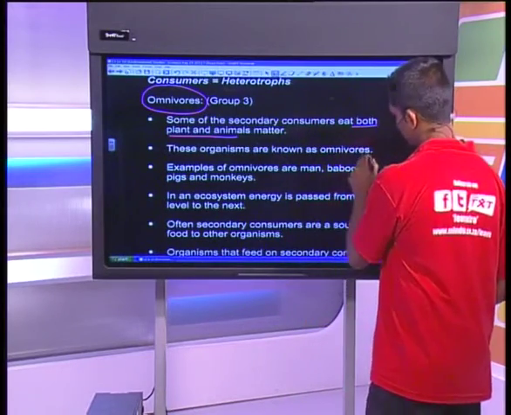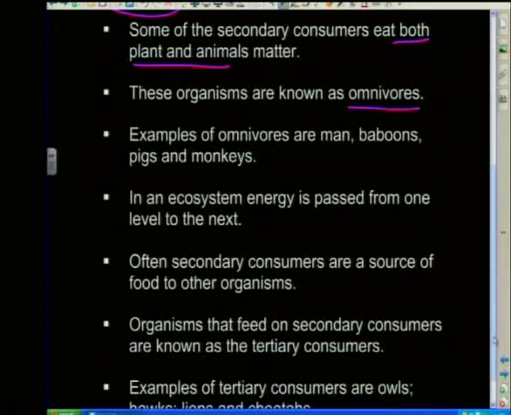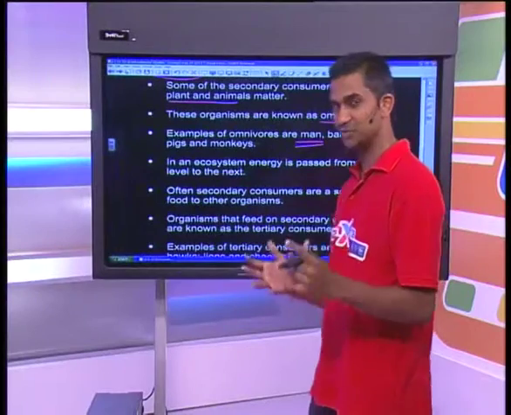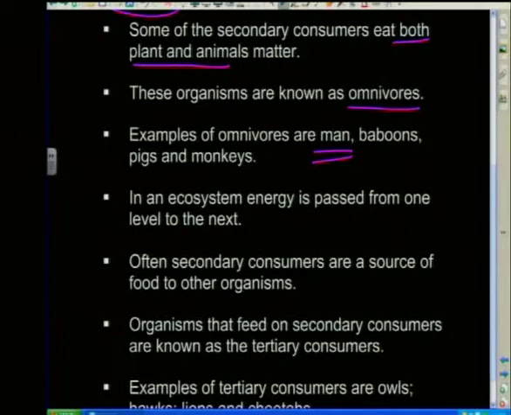These organisms are known as omnivores because they're capable of eating both plant and animal matter. A classical example of omnivores is man, and I know most of us do eat our veggies, and that's very important, but you get animals as well that rely on vegetables to sustain their nutritional value, pigs and monkeys.